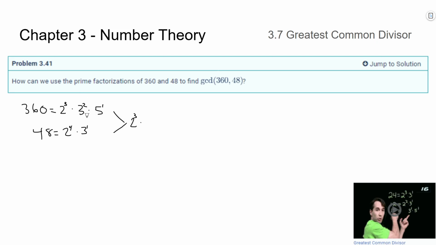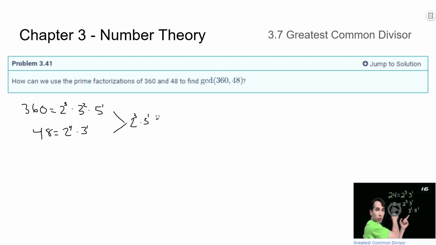How about our 3s? What's the largest 3s that we could have? That's going to be 3 to the 1, because we can't do 3 squared, because then it would not be a divisor of 48, because this is going to be lower than 48.